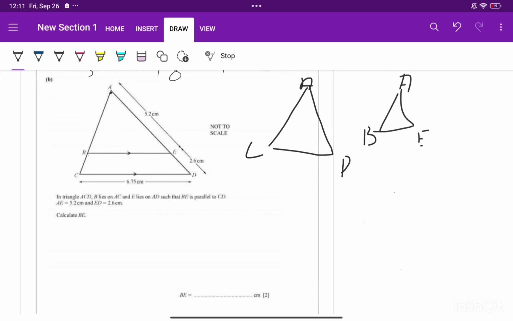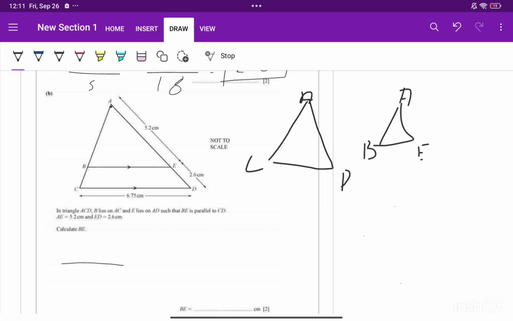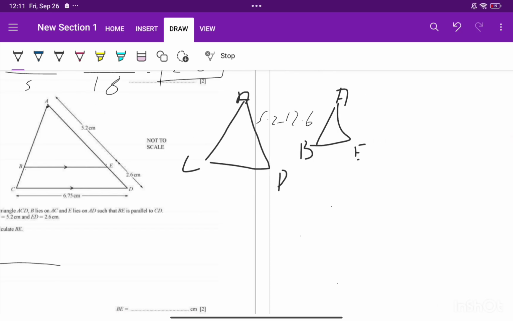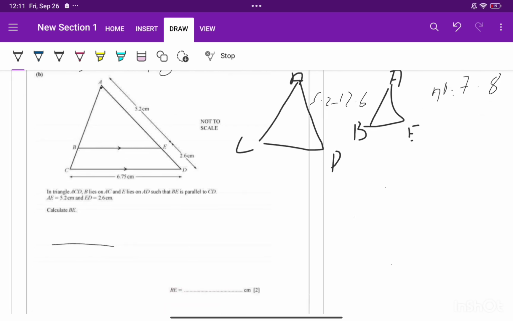Okay, so as both these triangles are similar, we can solve like this. So this side AD will be 5.2 plus 2.6, which becomes 7.8. Okay, AD is equal to 7.8, and CD is 6.75. So we will write 7.8 divided by 6.75 is equal to, and AE is 5.2, and we don't know BE.